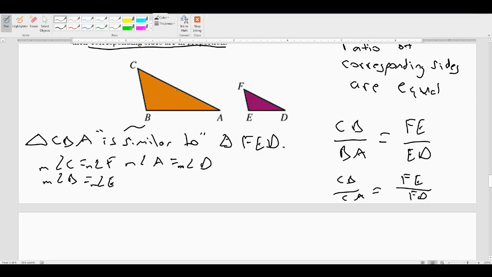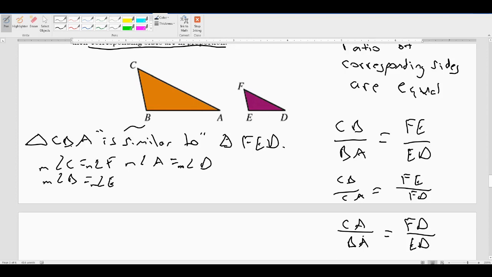But I haven't done this side and this side yet. So let's do that. We got CA over BA, that's equal to FD over ED. So make sure: I got CB, CA, that's this one. I got CB and BA, that's this one. And I got CA and BA, that's this one. Those correspond to the sides for this similar triangle.